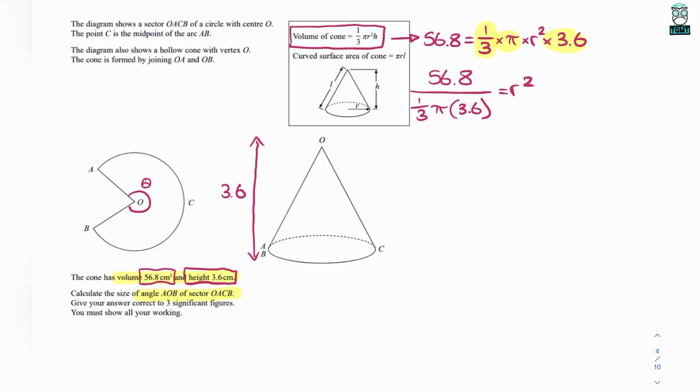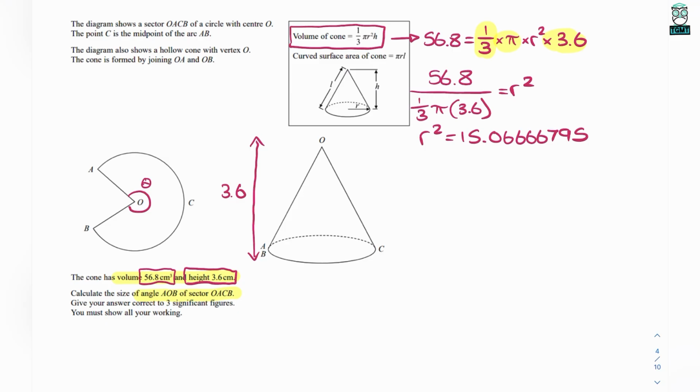So if we type all of that into our calculator, 56.8 on the top, and then 1/3 times pi times 3.6 on the bottom, that comes out as 15.066666795. So r squared is equal to 15.0466795.